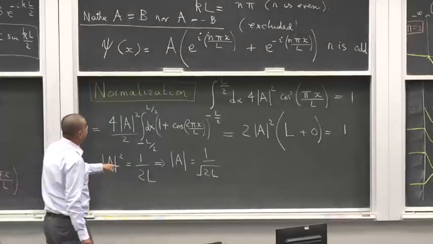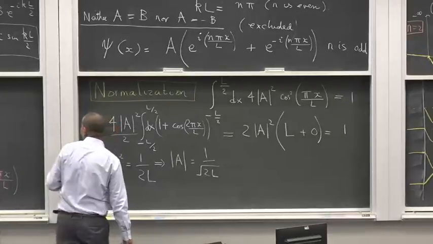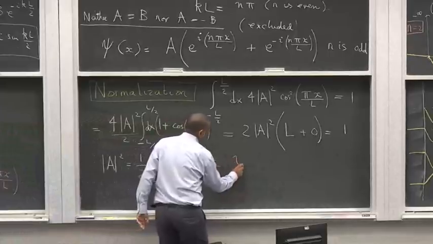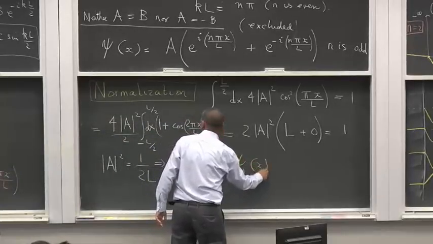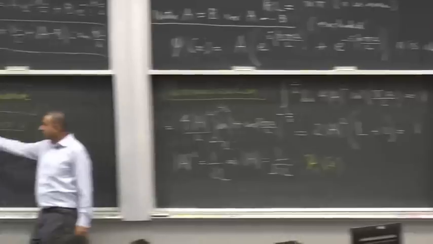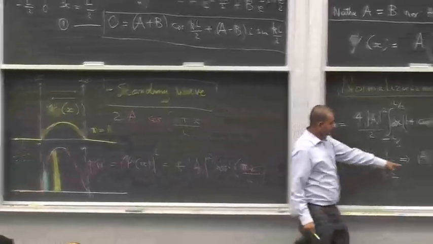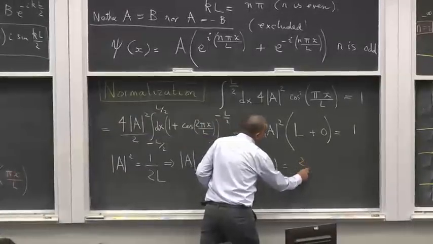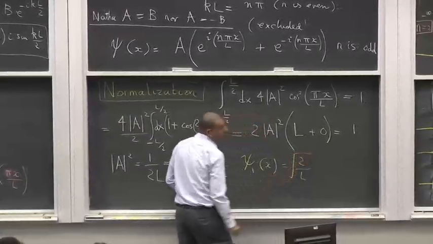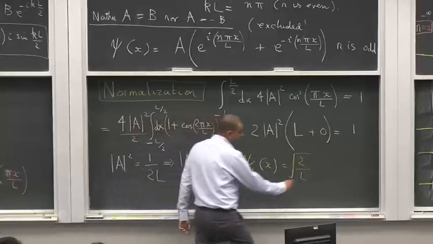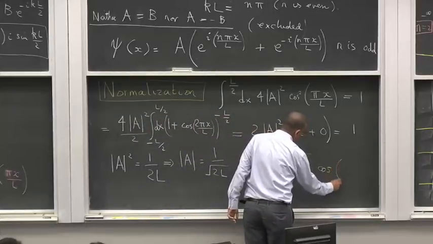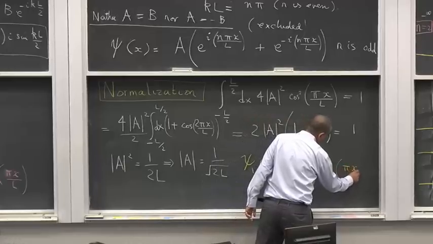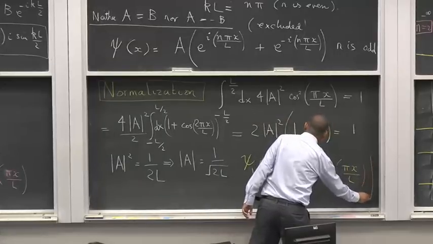So this is my A, and I can write the n equals 1 ground state, for example, as 2 times this A, so I get 2 over L cosine pi x over L for the ground state.